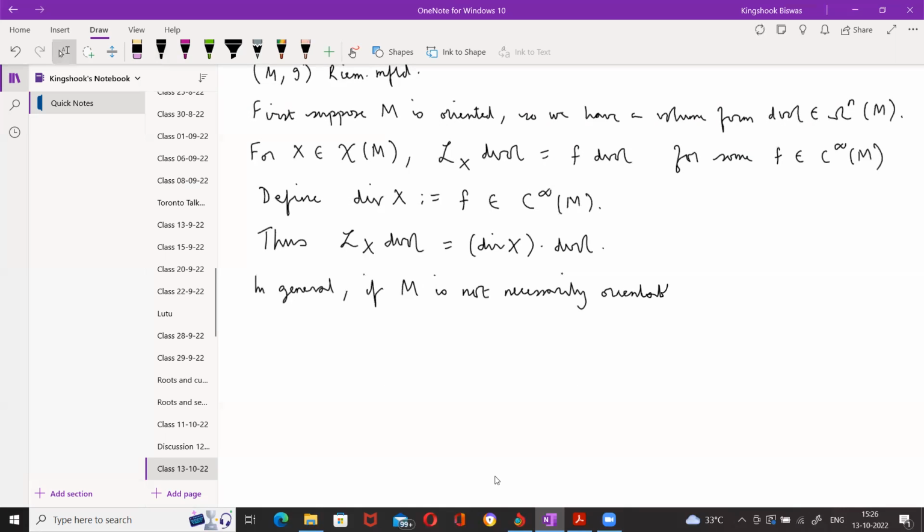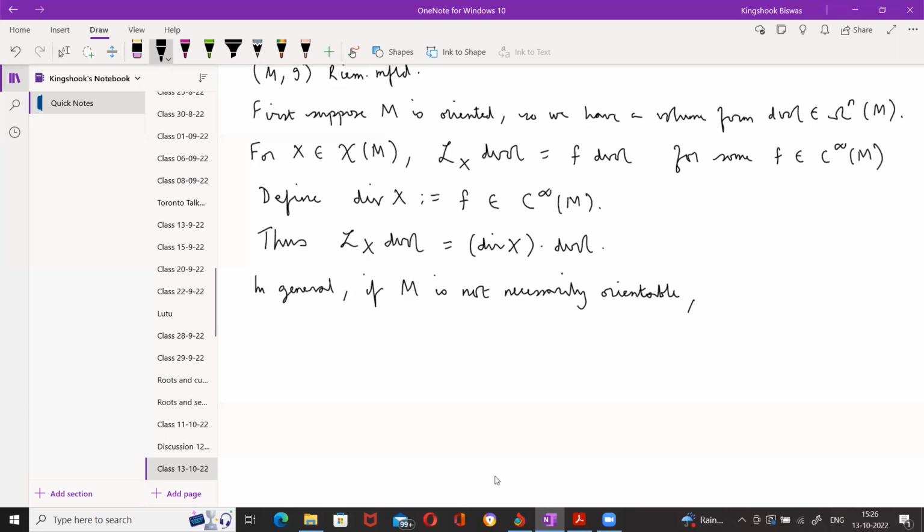Every point has a neighborhood, a ball, which is orientable. On a ball there are two choices of orientation, which give two volume forms that are just negatives of each other. So we define the divergence using the local volume forms.